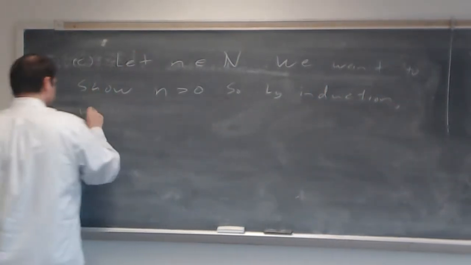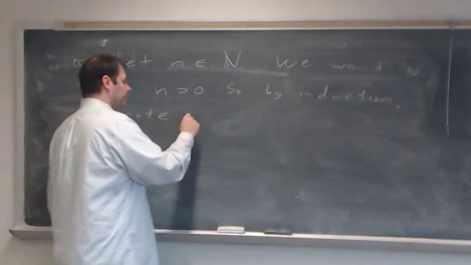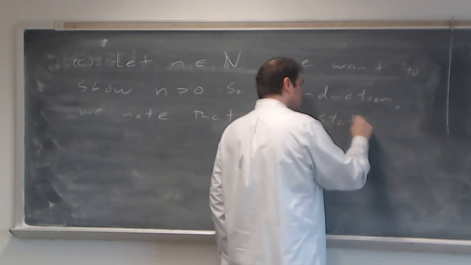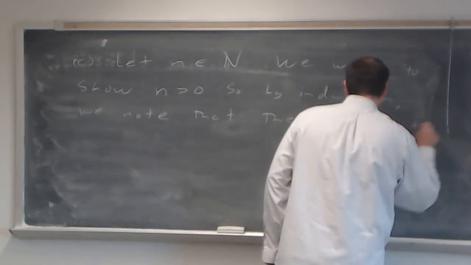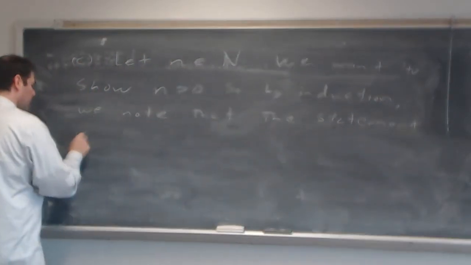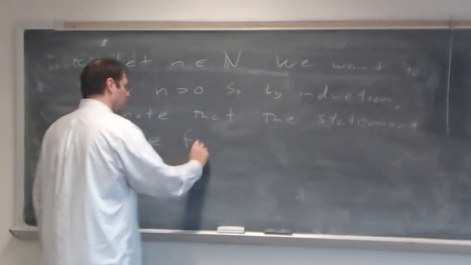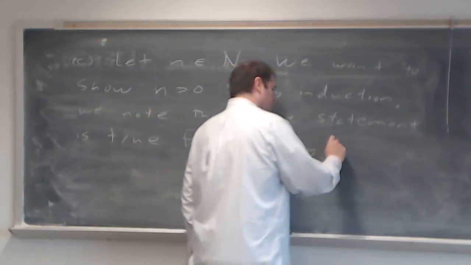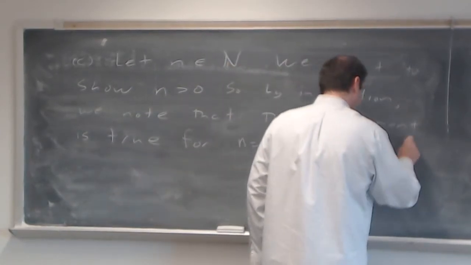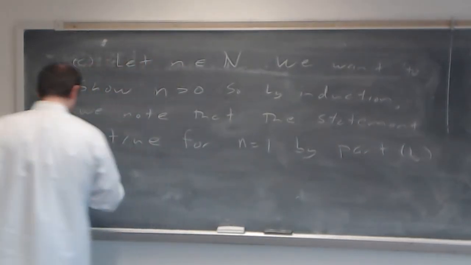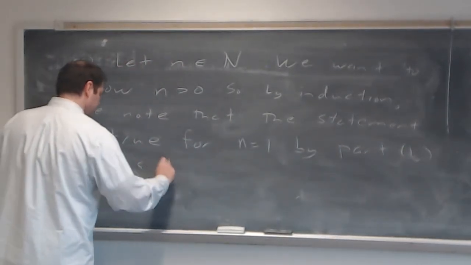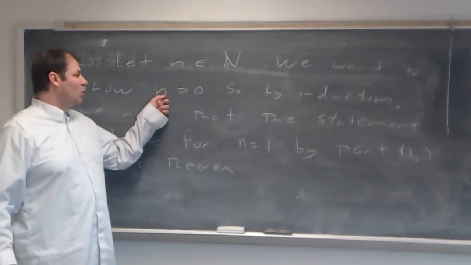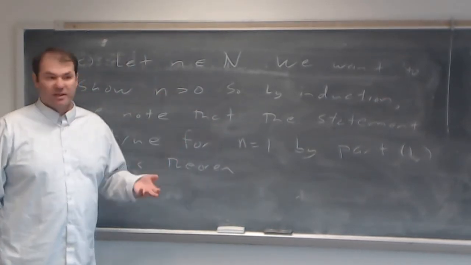we note that the statement is true for n equal to 1 by part B of this theorem. Hey, look, we want to show that if n is equal to 1, 1 is greater than 0. We already know 1 is greater than 0. That's what part B was.